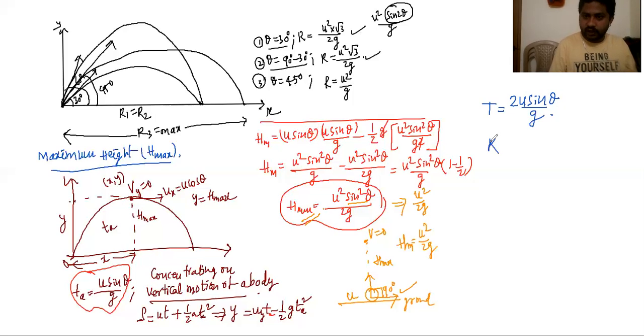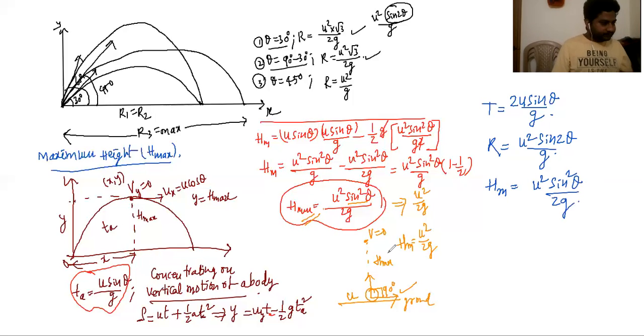Next, range is equal to u square sine 2 theta by g, right? Next, maximum height of a projectile is u square sine square theta divided by 2g. Okay, clear?